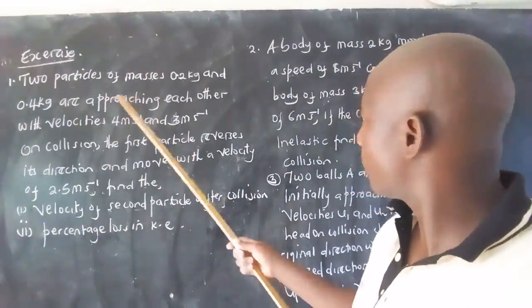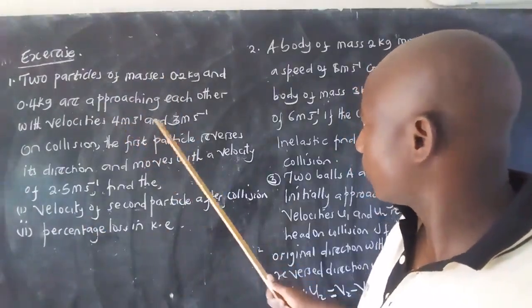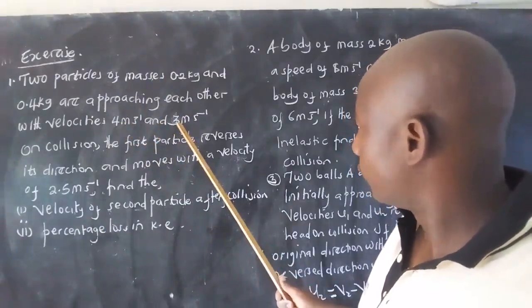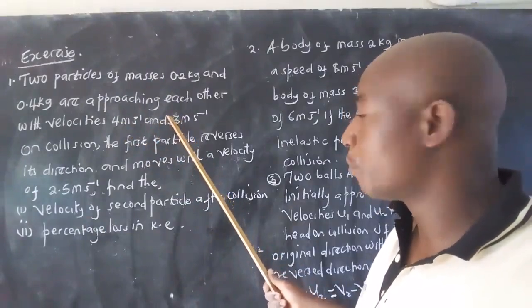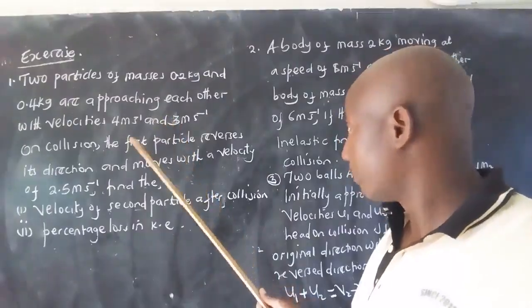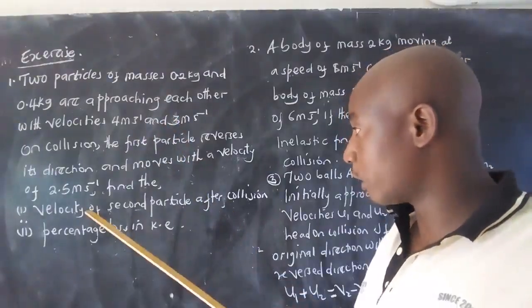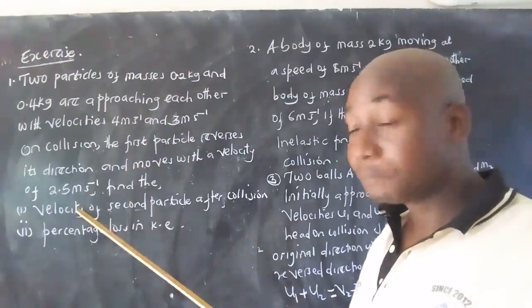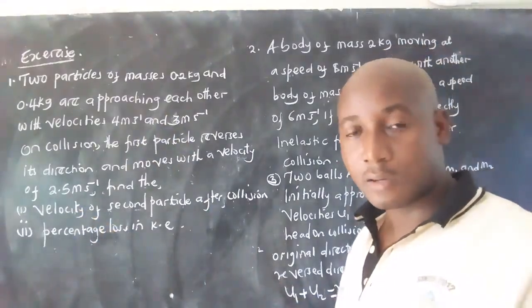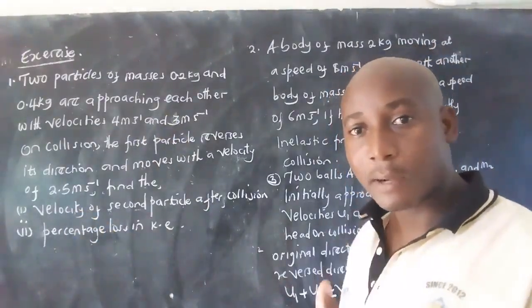Maybe this one is the one which was approaching in the reverse direction, so you put a negative momentum here. So the momentum of this second part could be negative relative to the first part. Because you have to sketch and see which one is in the reverse direction.